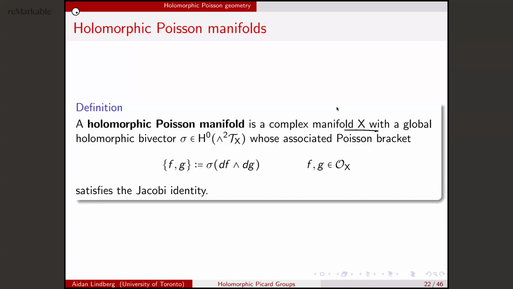So this is something which locally looks like a wedge of two vector fields, whose associated Poisson bracket satisfies the Jacobi identity. Okay. So for Poisson manifolds, this bivector allows you to define a Lie algebra structure on the space of functions of that manifold.